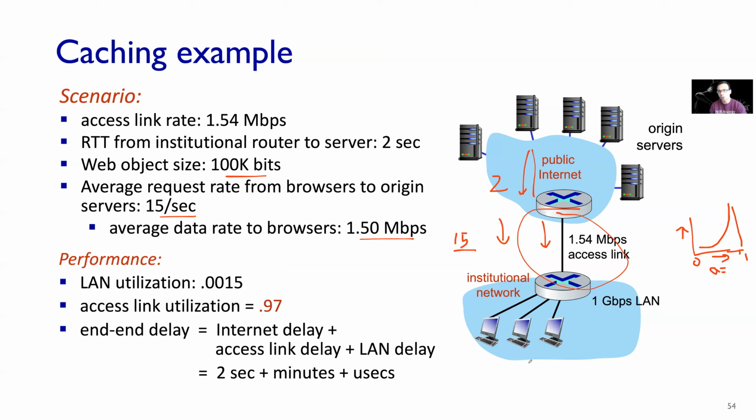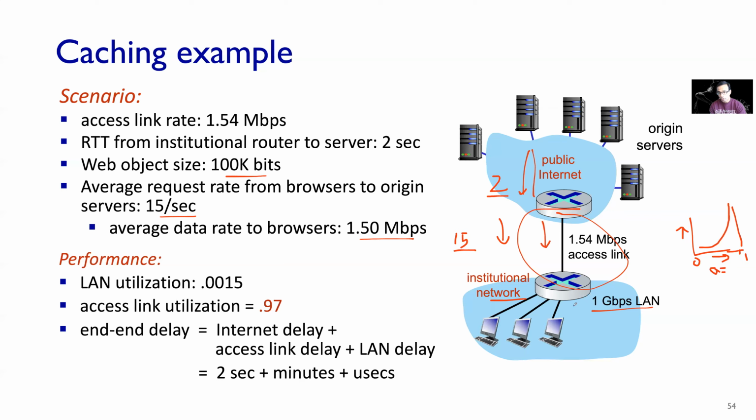And if you look at the total delay, it's going to have 3 components, right? There's some delay on the institutional network, some delay on the access link, and some delay on the public internet. And we've assumed that the delay on the public internet is fixed, 2 seconds. The delay here is going to be very low because the capacity of this network is 1 gigabit, right?